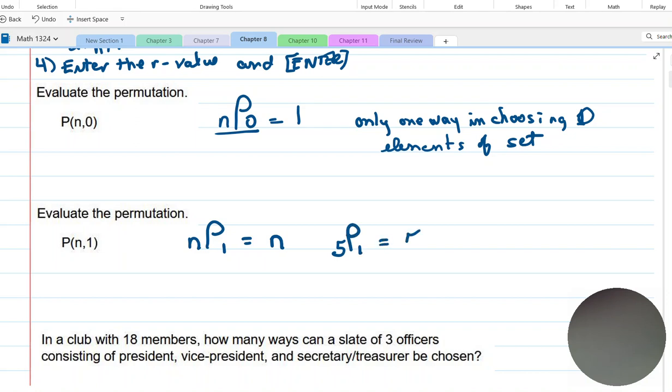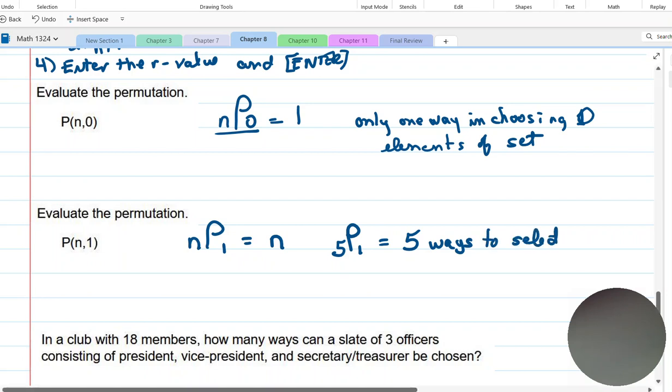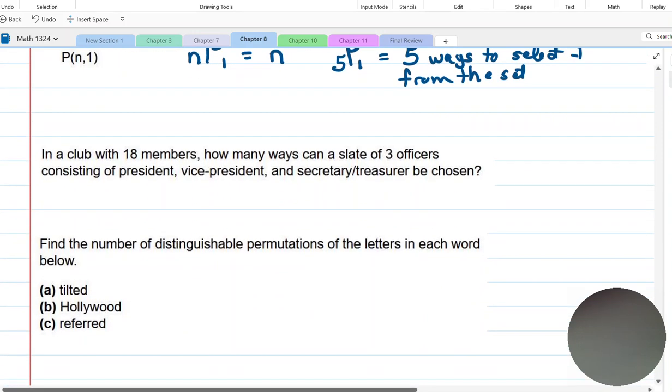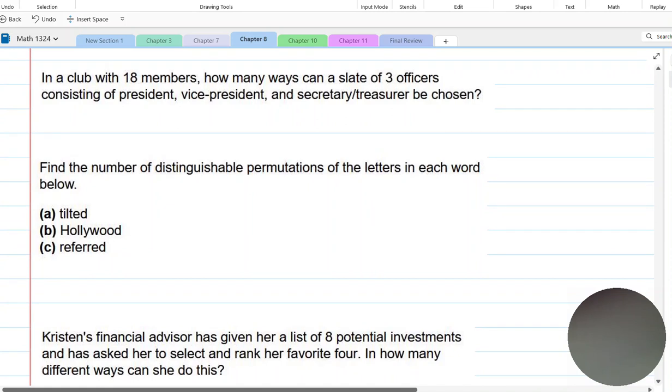There's only 5 ways to select one from the set. All right, so now we learned several rules. And we learned the calculator. So now let's apply it.